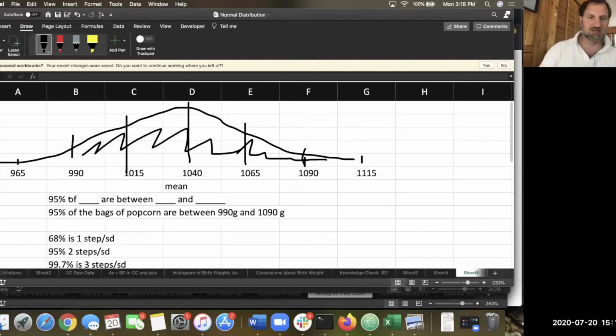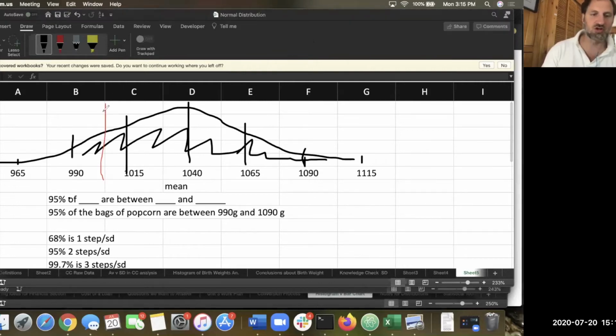The problem is this line that I'm drawing here, 1,000 is not on my graph. And so I got to think about, how do I figure out what's the proportion of people that are going to have that experience.